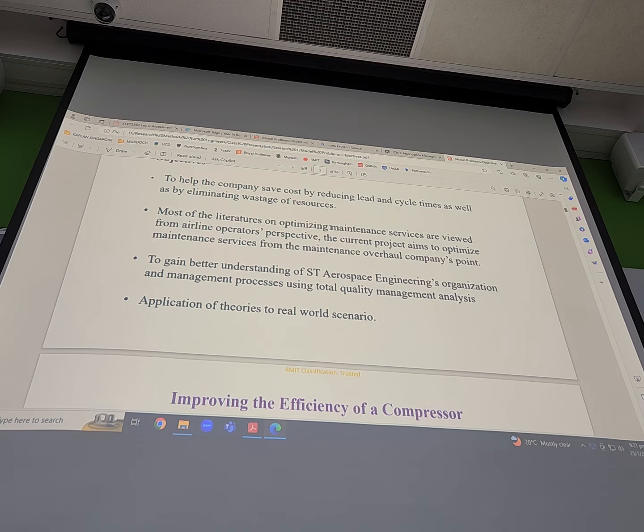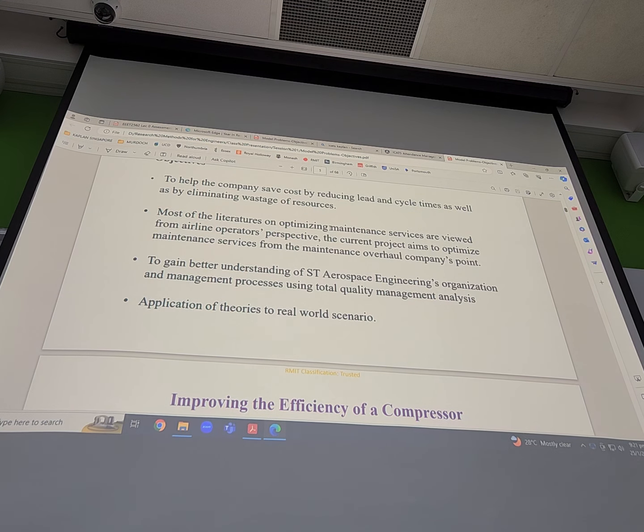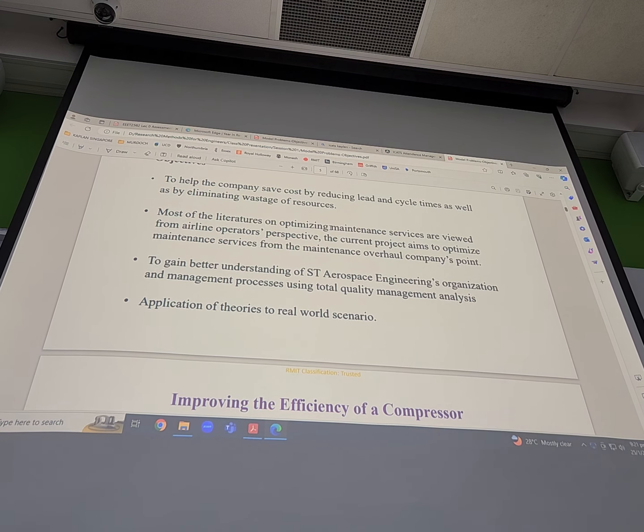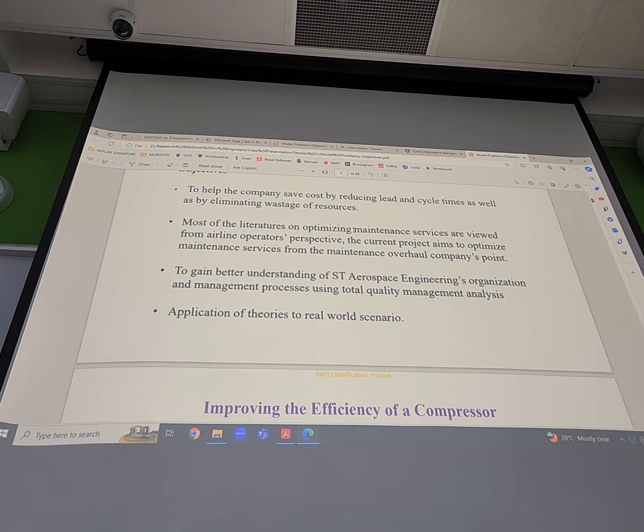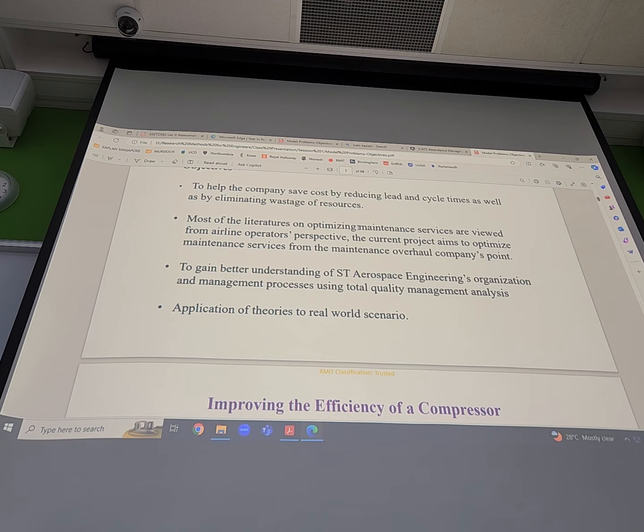So what I want to impress upon you is that all the 4 objectives listed are not properly formulated. None of the objectives is quantifiable, and in fact the objectives are vague.